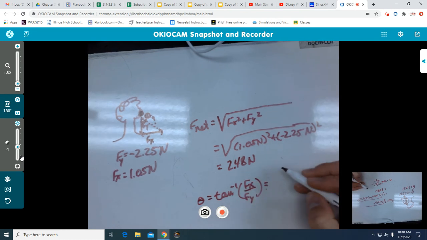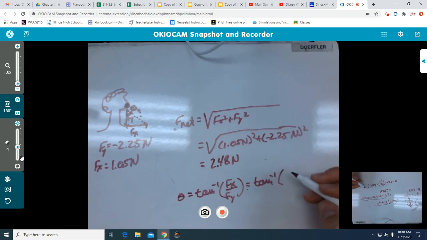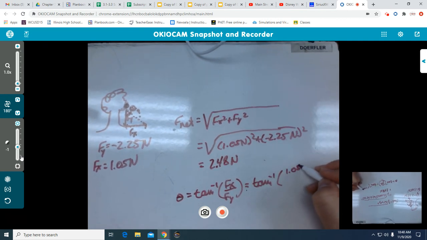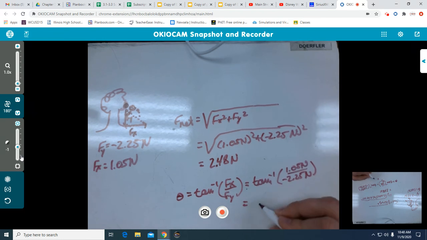So we get inverse tangent of 1.05 newtons over negative 2.25 newtons. We should have 25 degrees. There's different ways you could label this. You could say 25 degrees counterclockwise from straight down. As long as you can make sense of it, that's fine.